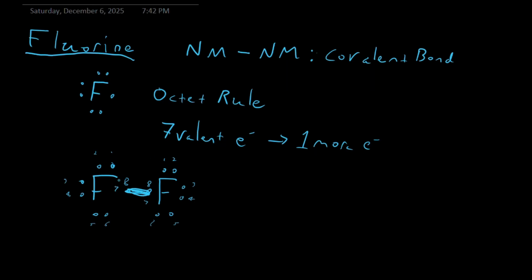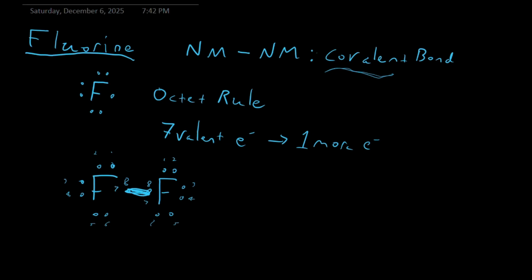And again, because they're both nonmetals, it is a covalent bond. And obviously, if one were a metal, because it's the same element, both would be metals, which would be a metallic bond, which we haven't covered yet, and that'll be in a later video.